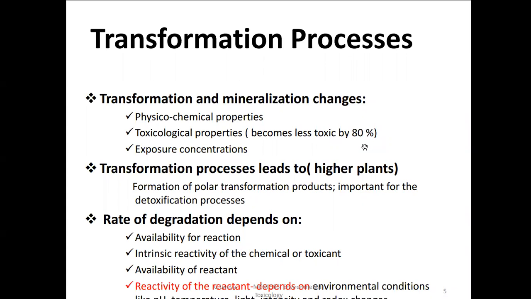The other one, the intrinsic reactivity of a chemical species. Okay, let me just check where I wrote this part. The intrinsic reactivity.